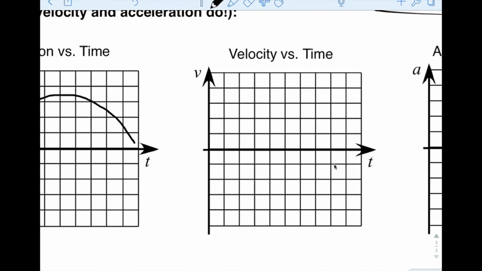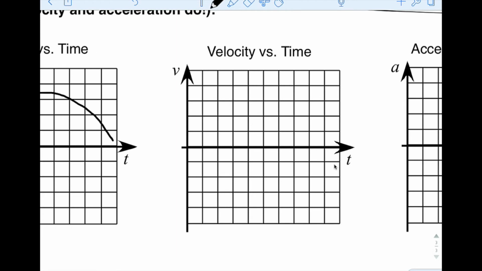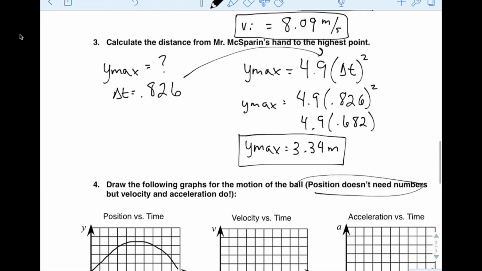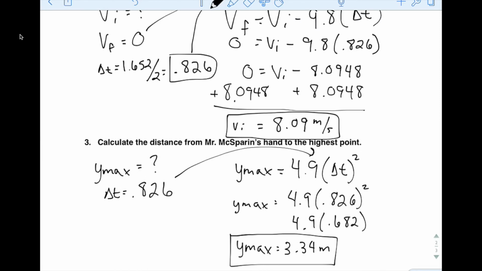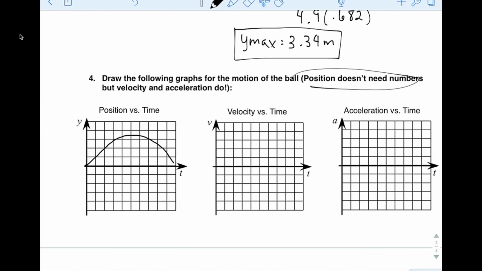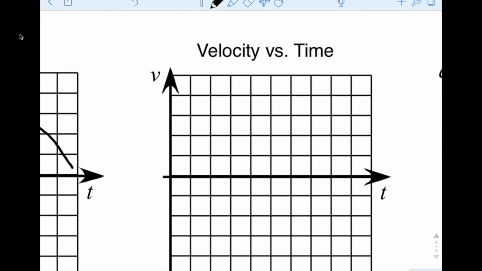Now, velocity versus time gets a little bit more tricky, because I'm going to start off at a velocity, so I know my initial velocity, and I'm going to need to label that. My initial velocity is 8.09 meters per second. So this needs to go up to about 8.